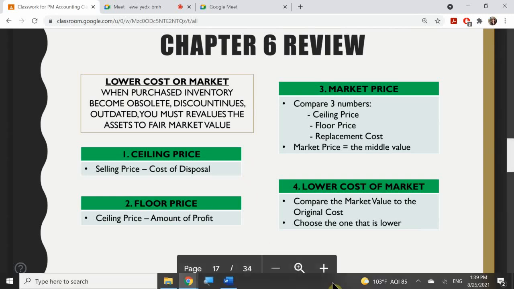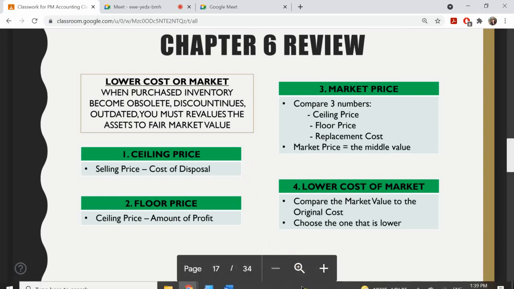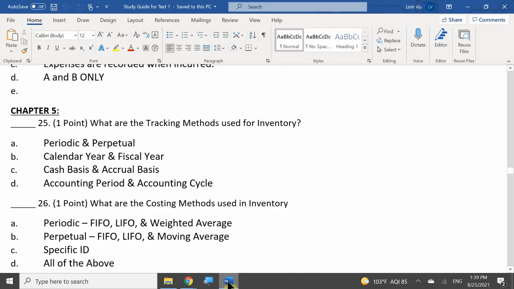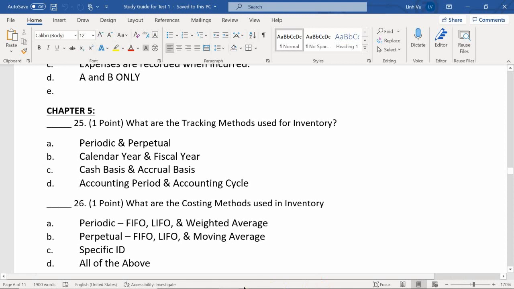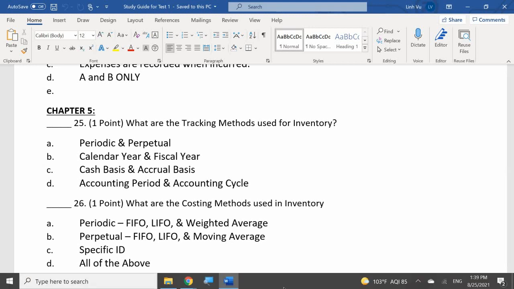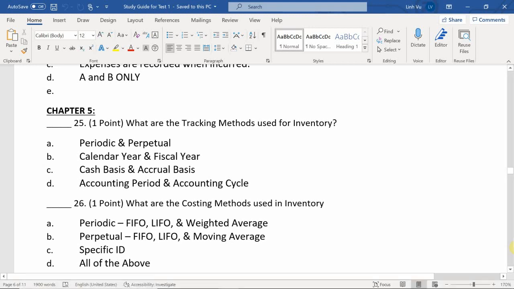With that being said, let's dive right into the rest of the study guide, starting with question number 25, 1 point each. What are the tracking methods used for inventory?